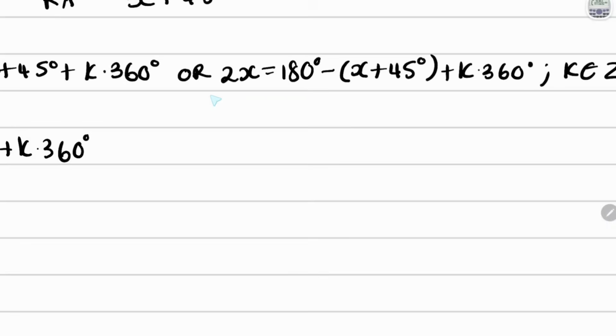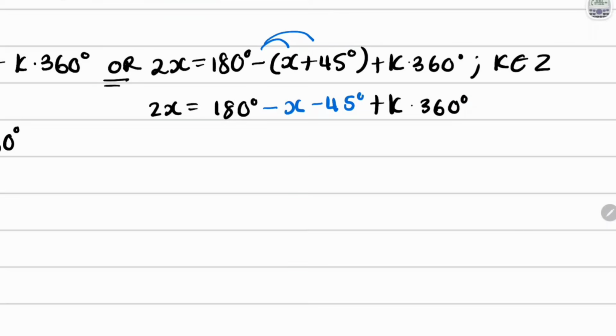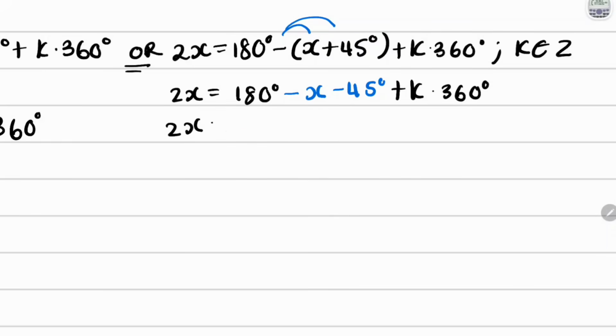Then, in this case, this one is just going to take longer, but it's fine. We're going to have 2x is equal to 180 degrees. Let's go ahead and distribute. So you have minus x and distribute minus 45 degrees, then plus k of 360 degrees. 2x is equal to 180 degrees minus 45 degrees, which gives you 135 degrees.